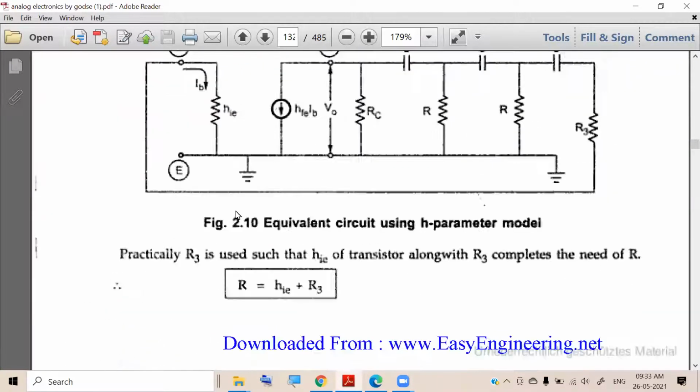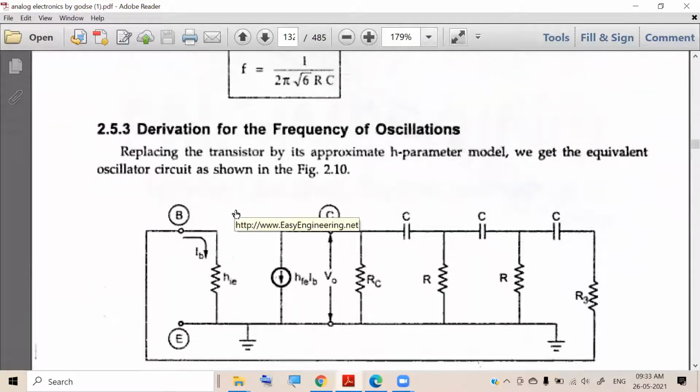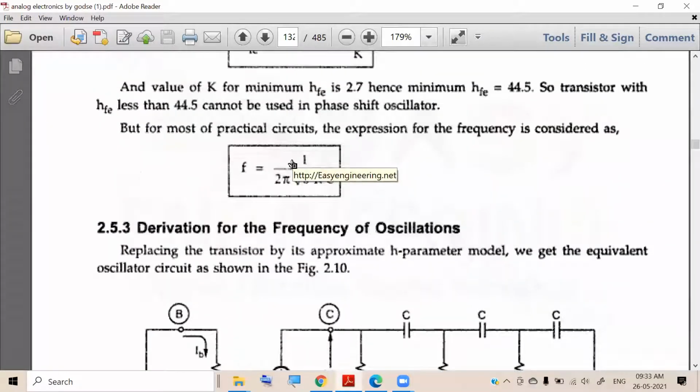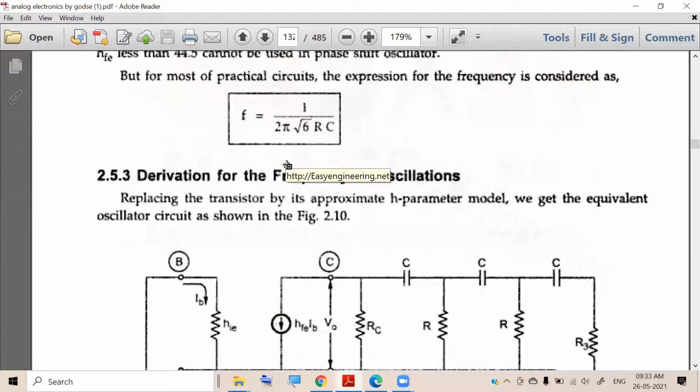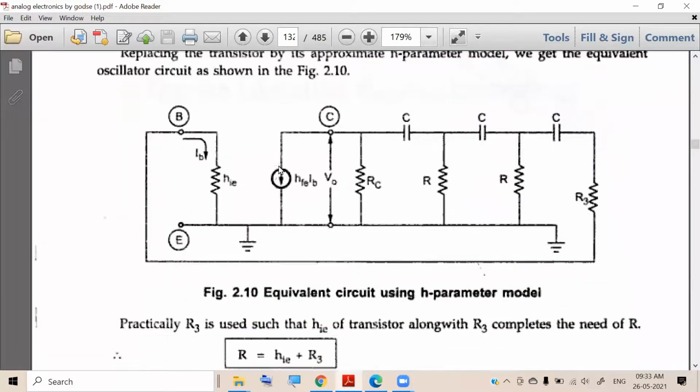In the previous class, we saw some equations and I told you the formula of frequency of oscillation. That derivation we will be seeing now.